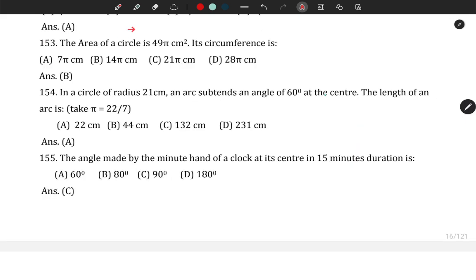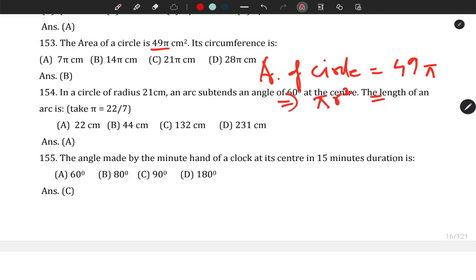Next question, area of circle is 49 pi centimeter square, its circumference is. So area of circle is 49 pi centimeter square, but we know area of circle is pi r square, so pi r square has to be 49 pi. Pi if we cancel from both sides, we get r square equals 49, so r will be root 49.